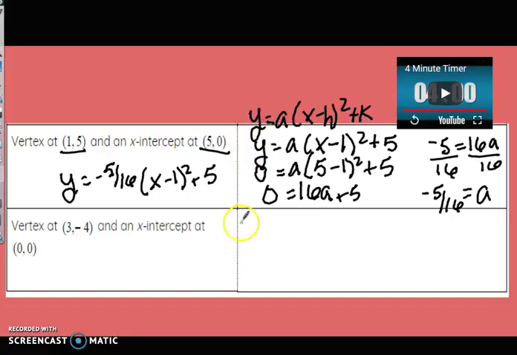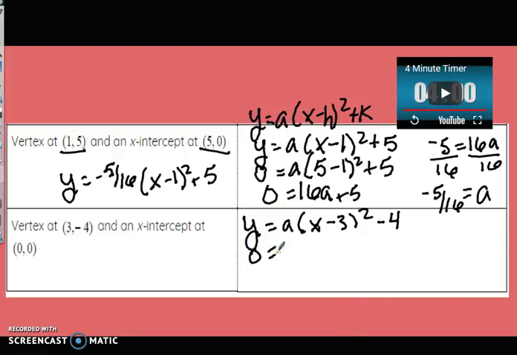Okay, on the next one, I'm going to plug in my h and k. What's my h value? So x minus 3 squared, and my k value. So minus 4. I'm going to use my other point as my x and my y.